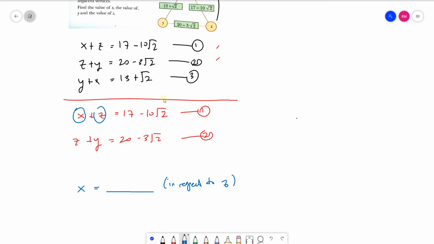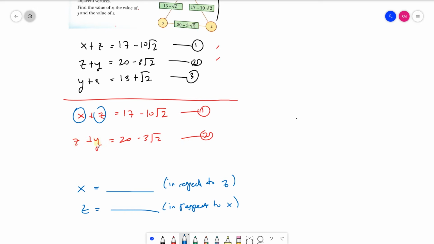If I make z equal to something in respect to x, then I'll have two different equations with different unknowns as the subject. If x is the subject in respect to z, I can't substitute into equation number 2, because equation number 2 has z and y as its unknowns.